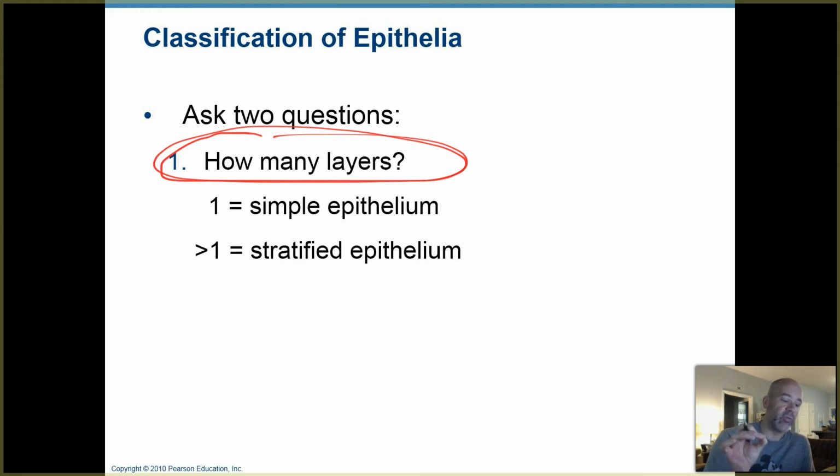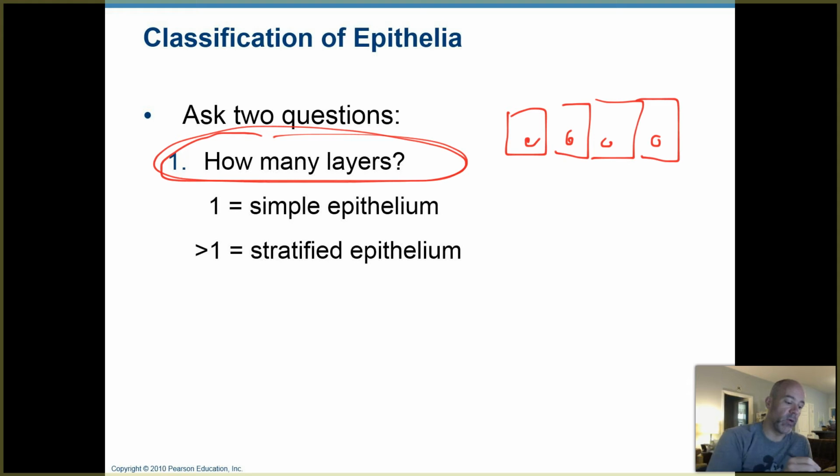How many layers of cells do you have? If you have an epithelial tissue in the body and it's just one layer of cells, and then you go below there and you're moving into a different type of tissue, which is essentially always going to be some sort of connective tissue that the epithelial tissue is attached to, that's called a simple epithelium.